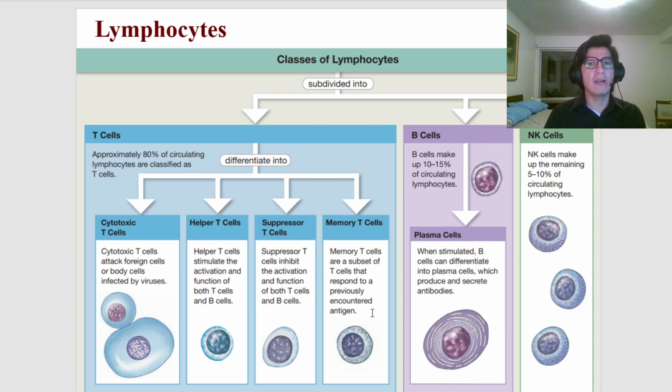These are saying, help, we found these. B cells, help us. T cells, help us. So they're the ones that are mediating and also making sure that we are attacking the right foreign invader. Suppressor T cells suppress the immune system.